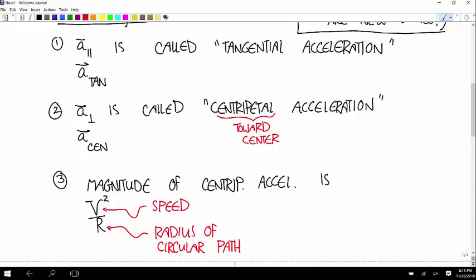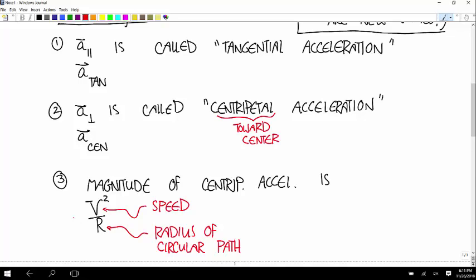If you know the speed that the object's moving and you know the size of the circle of the path that it's following, you can use this to calculate that perpendicular part of the acceleration, and then you can use that to calculate some other variable.